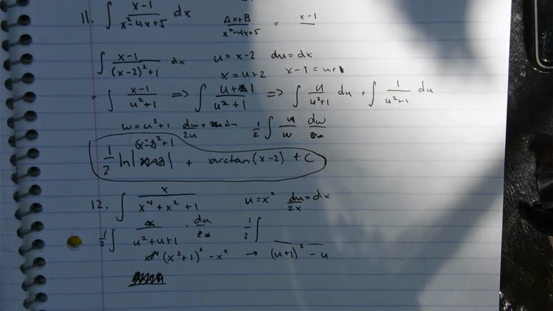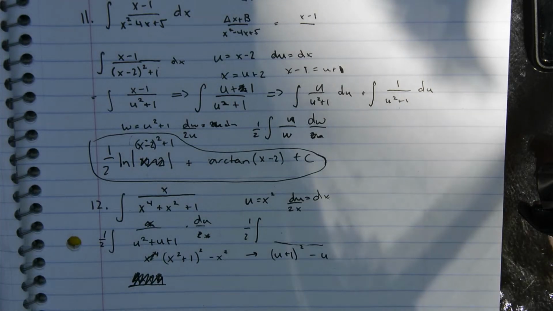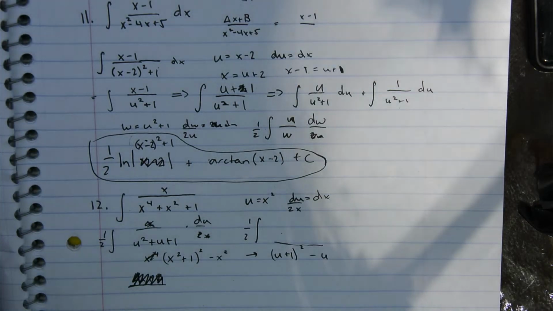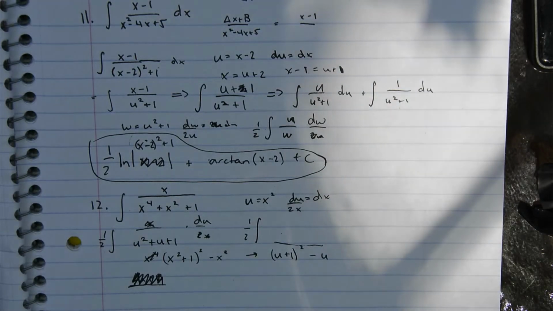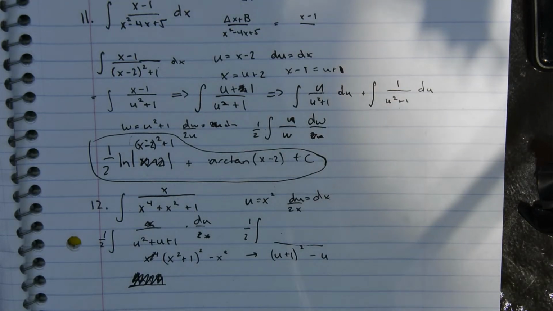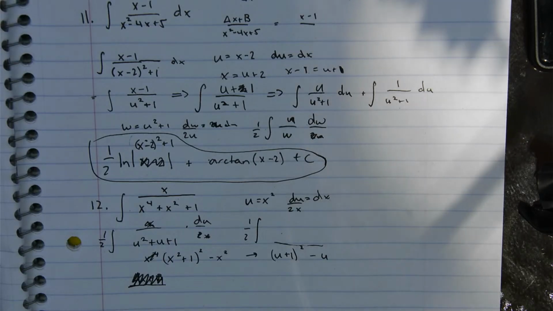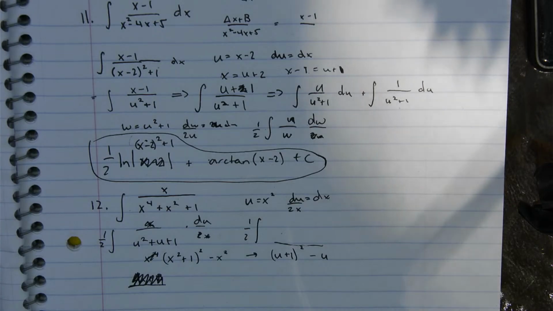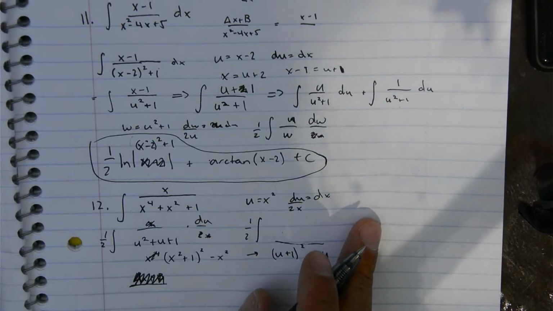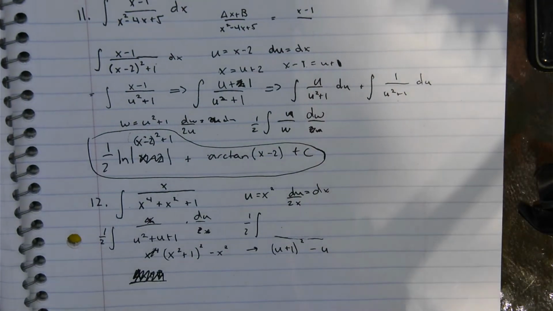I need to practice the partial fractions where you have a, dude, these integrals are really hard. Oh wait, can you factor this? X to the fourth plus x squared plus 1.